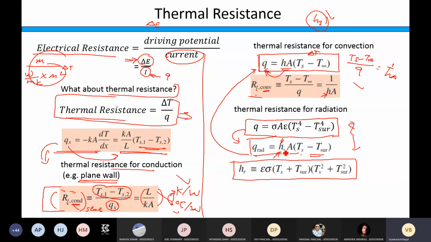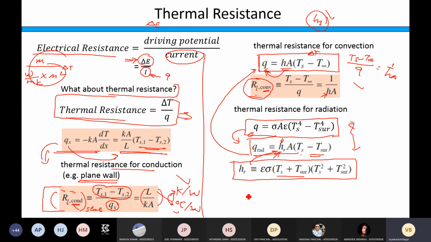So h_r will be given as epsilon sigma (Ts plus T surrounding) in one bracket, and in the second bracket (Ts square plus T surrounding square). If you put this value here, you will get the same expression. That's the idea. The only reason we are writing it like this is that we want to define the thermal resistance due to radiation using this kind of expression, delta T by Q.